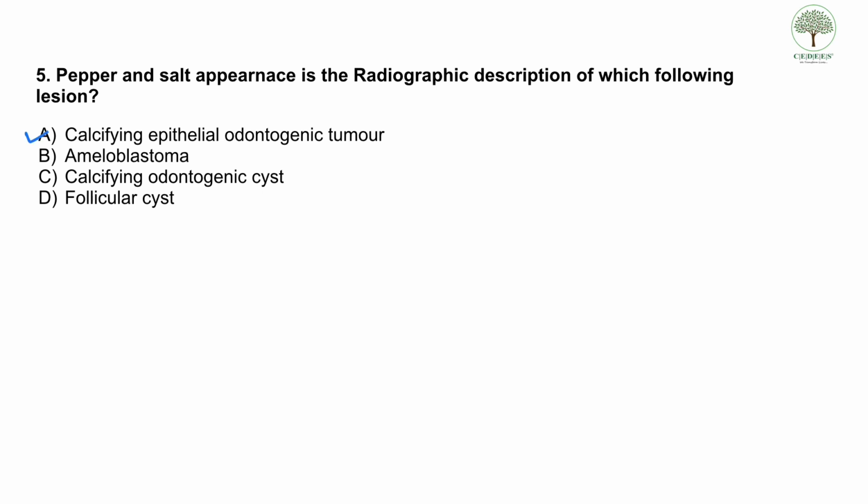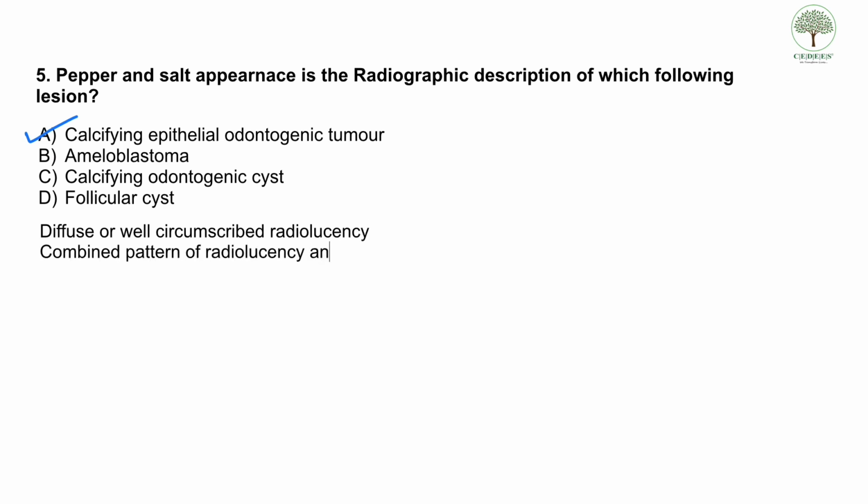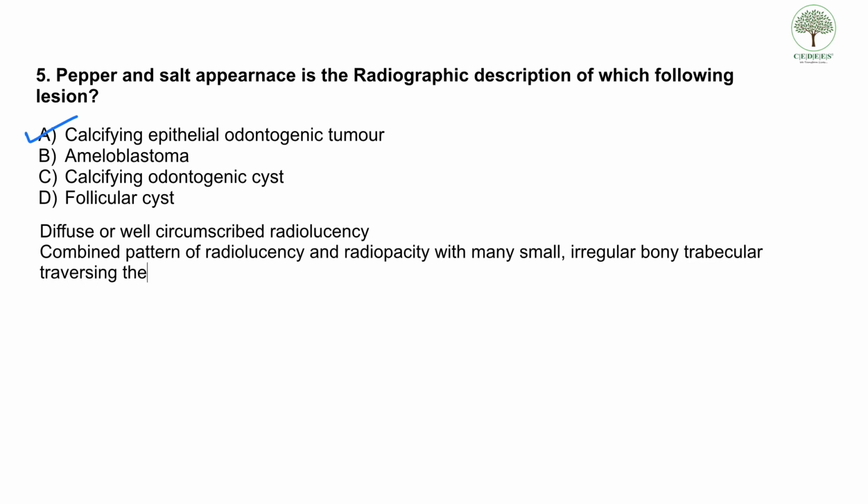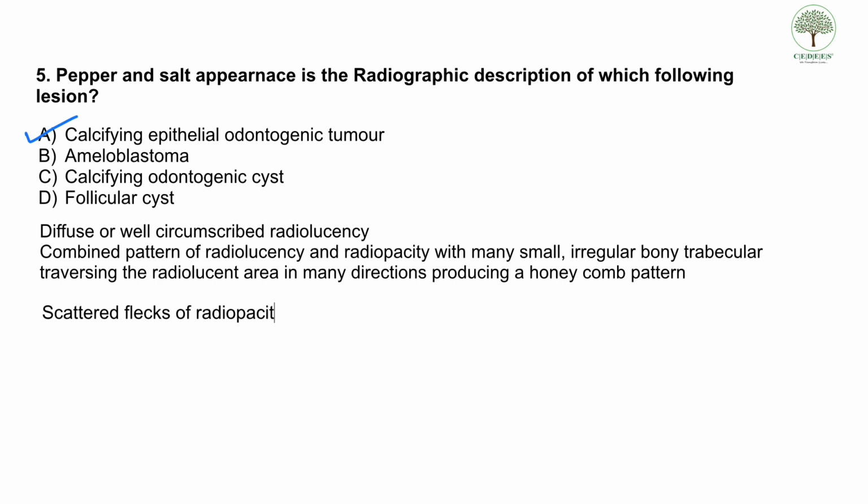So if you remember, calcifying epithelial odontogenic tumor will show a diffuse or well-circumscribed radiolucency, and you see a combined pattern of radiolucency and radiopacity. That means pepper and salt, with many small irregular bony trabeculae traversing the radiolucent area in many directions, producing a honeycomb pattern. These scattered flecks of radiopacity throughout the radiolucency also give a driven snow appearance or a salt and pepper appearance.